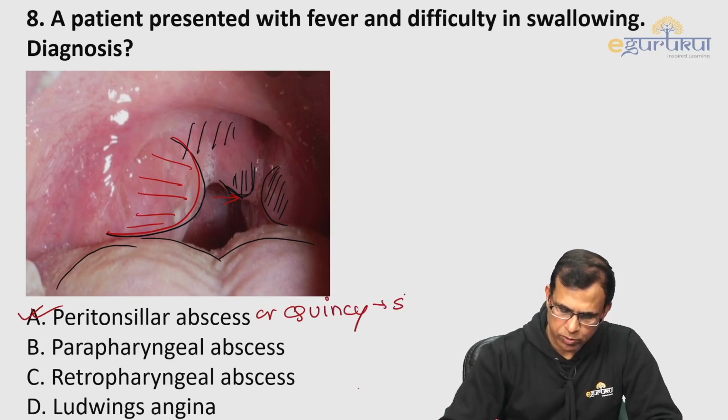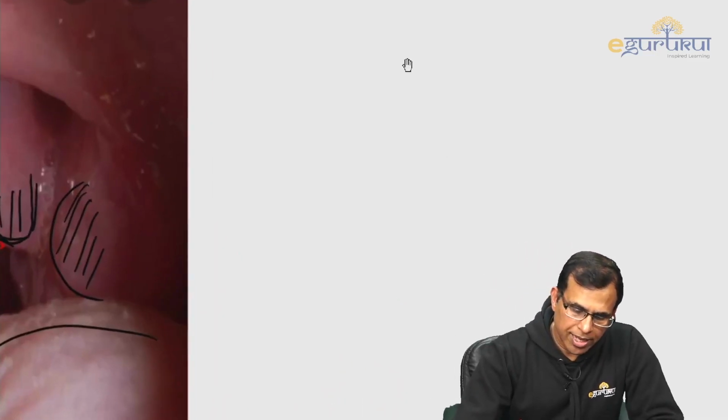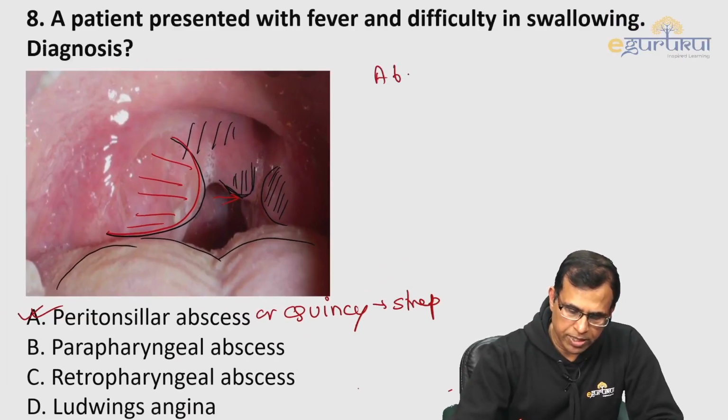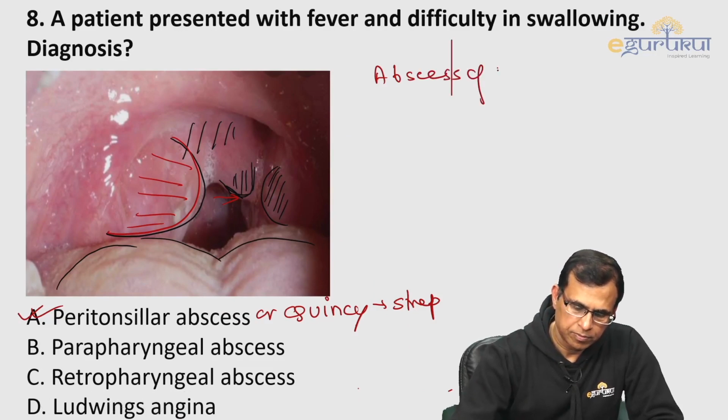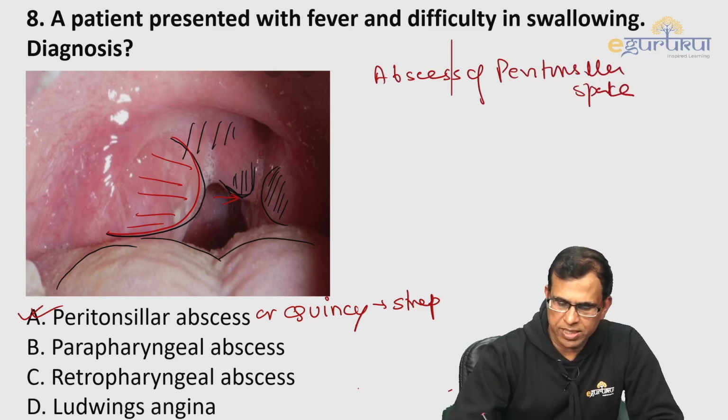and it's caused by streptococcus, right? This is an abscess. This is an abscess of peritonsillar space. And where does the peritonsillar space lie?